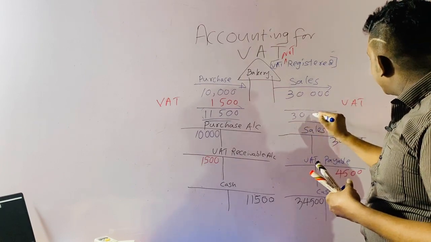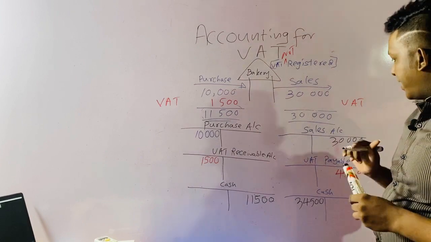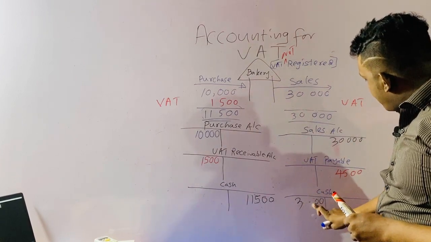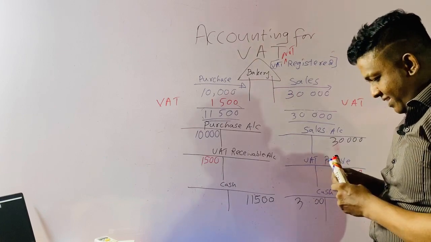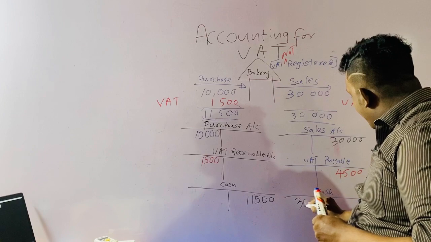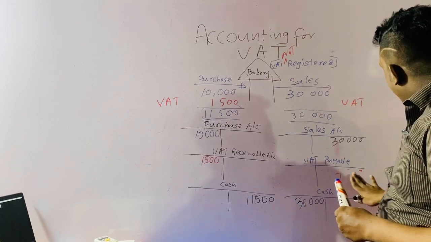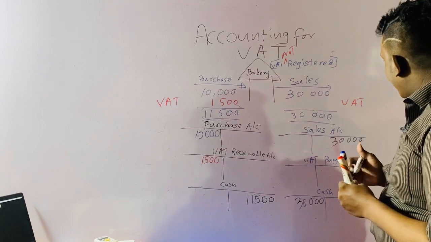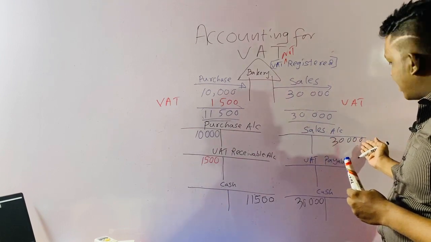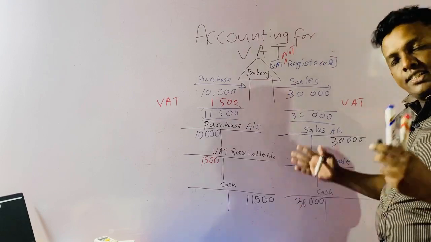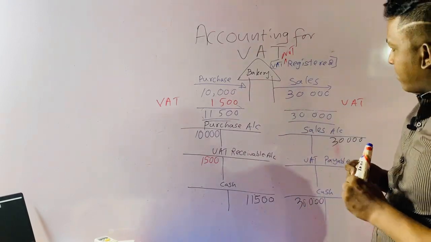Then the cash will be debit 30,000 rupees. There will not be a VAT payable account anymore. And the sales credit 30,000, cash debit 30,000. That's it.